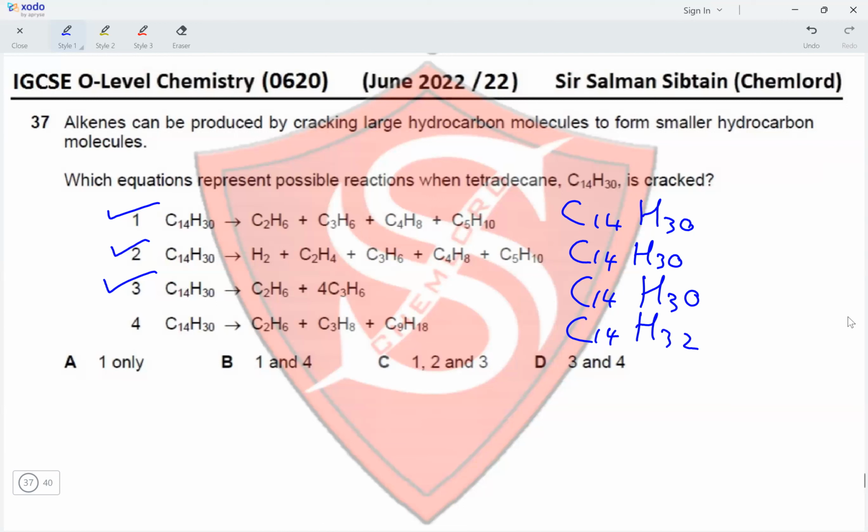H32. No, the number of hydrogen atoms in the product are greater than the number of hydrogen atoms present in the reactant. This cannot happen during cracking of C14H30. So since there are 3 possible reactions that can take place, this makes option C the correct option for this question.